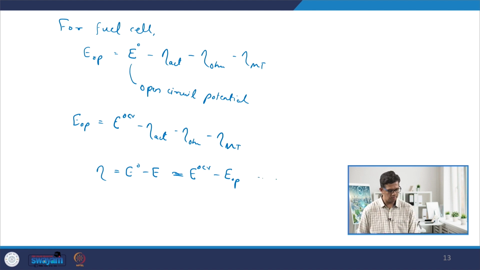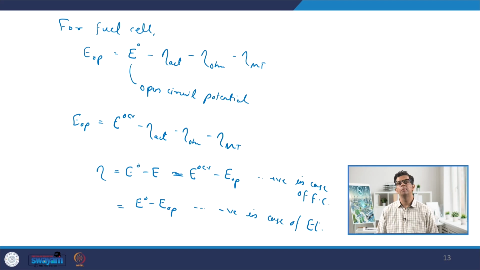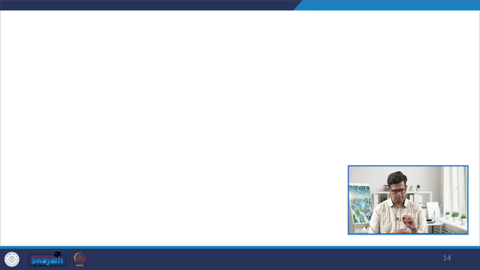This is positive in case of fuel cell. However, the same thing, E naught minus E, this is E operating, this is negative in case of electrolyzer. Since the operating potential is more than the reversible potential, eta is negative in case of the electrolyzer.